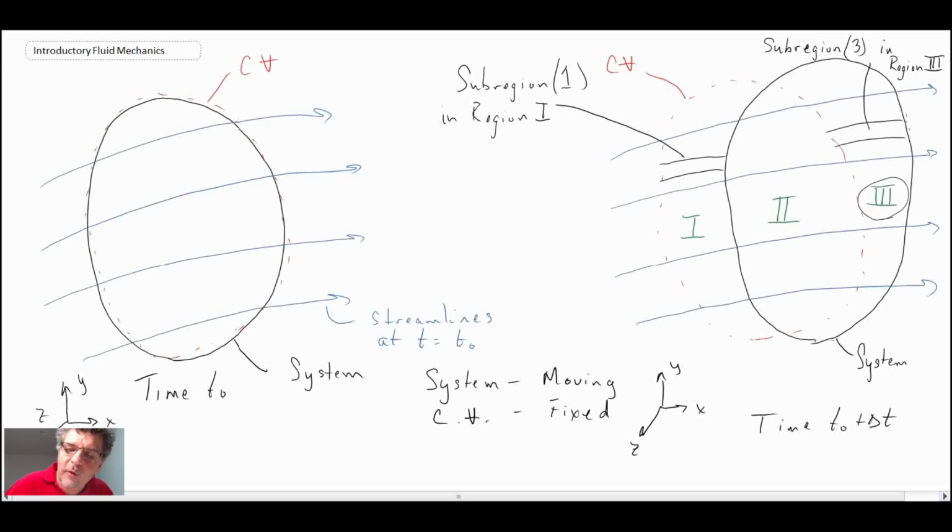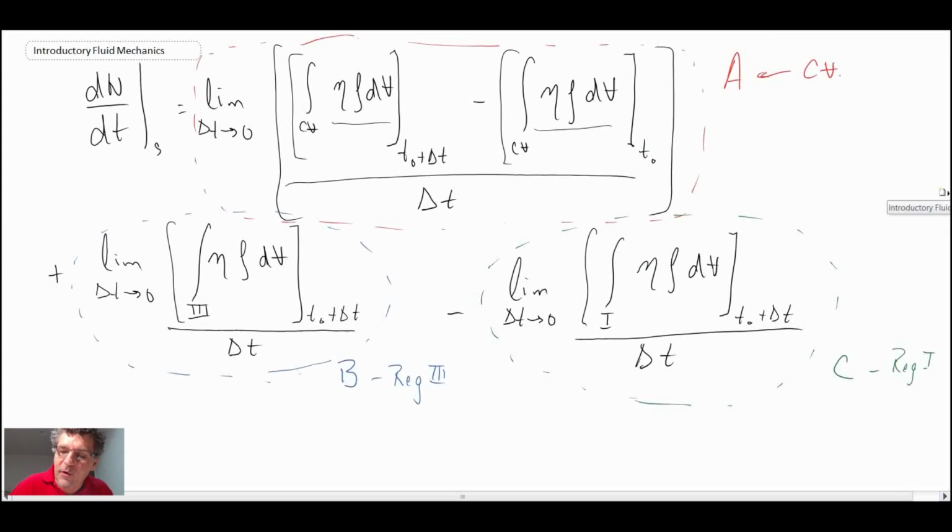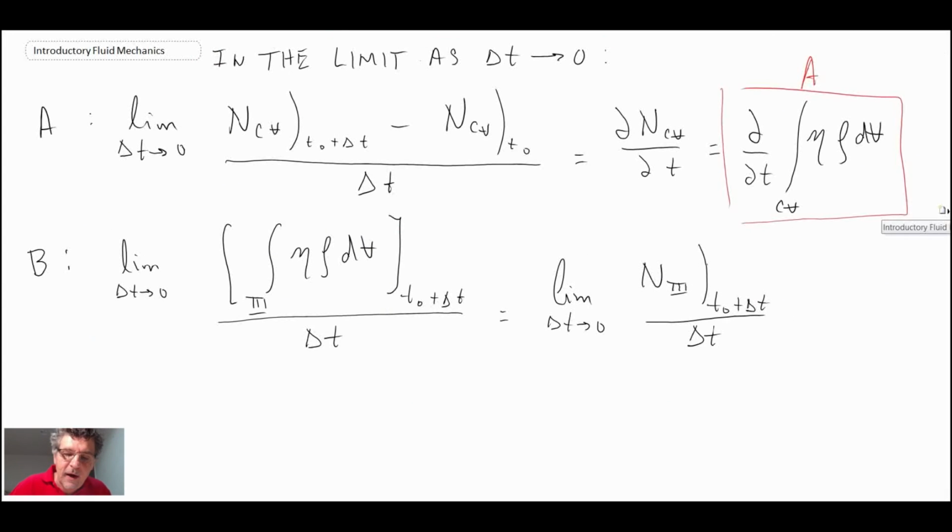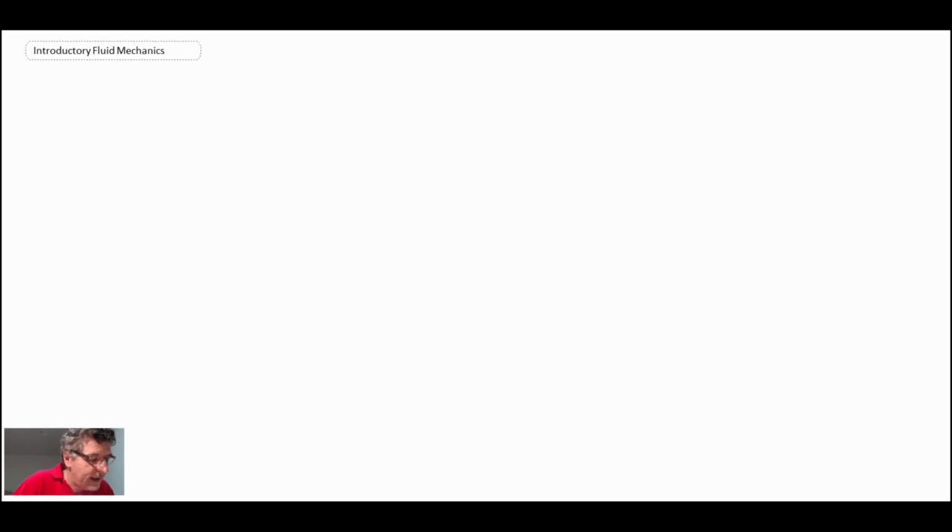So we're going to take advantage of this little subregion to come up with an expression for the time rate of change of our extensive property with respect to time. That will be the approach we take in order to evaluate this. So I'm going to zoom in on that subregion that we had in our schematic.